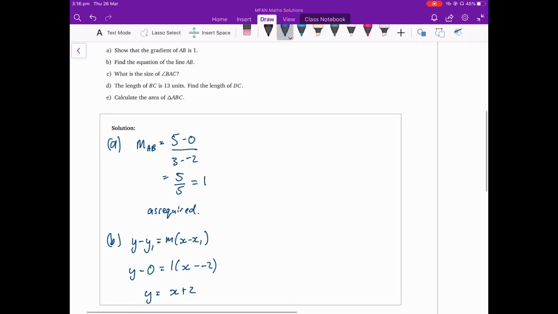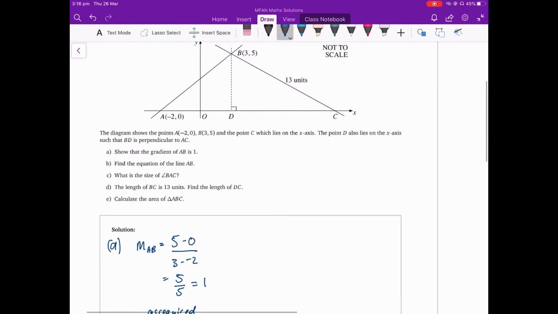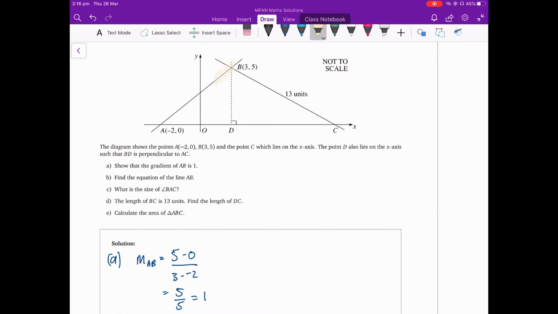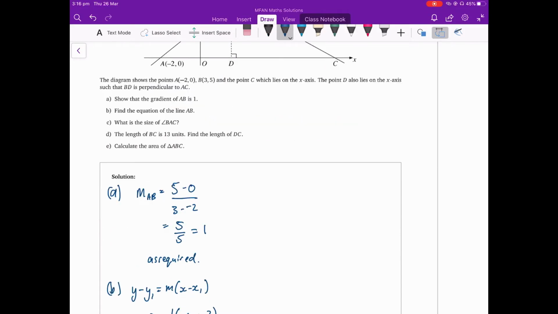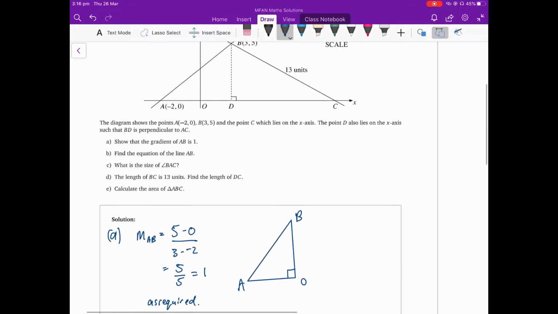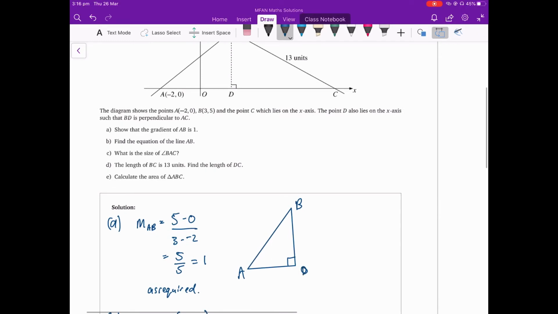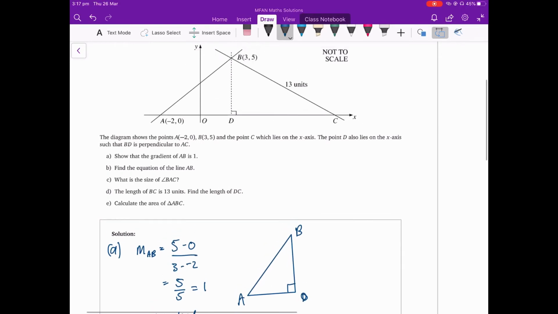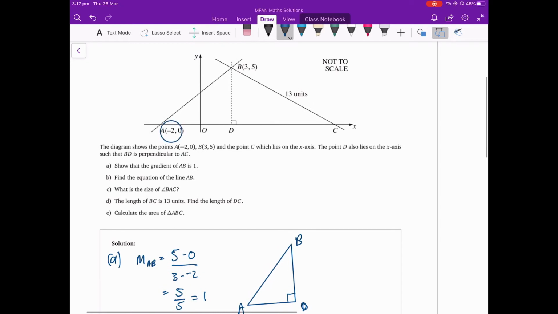So what is the size of angle BAC? All right, trigonometry. We're looking at BAC, trying to find that out. So we're going to be looking at this triangle there. Let me just redraw this. I've got my right angle there, A, B, and in this case this will be D. Now, the bottom length here, that's D not O, will be from -2 to 3.